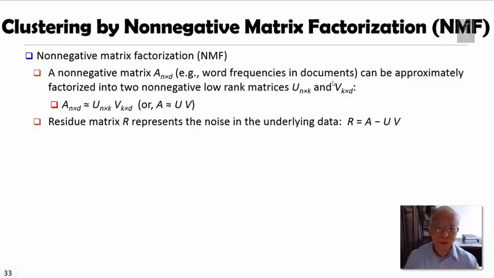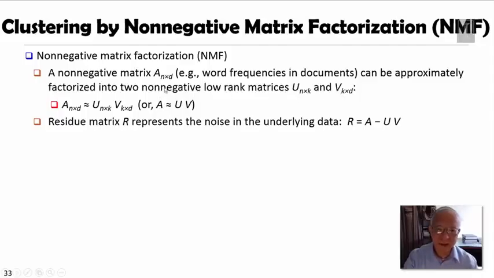Non-negative because the word frequency can be either a positive value or zero, which means there's no such word in this document. So this non-negative matrix could be quite sparse. Then we can do some transformation. That means we can automatically factorize it into low-dimensional non-negative matrices like U and V.